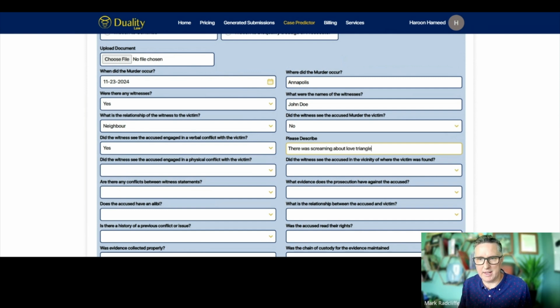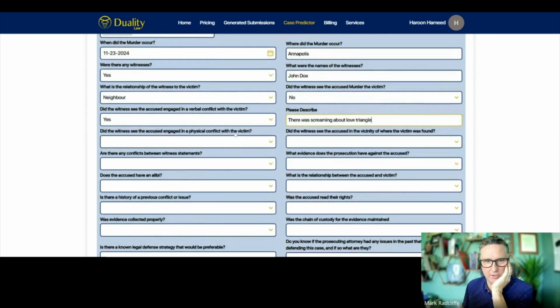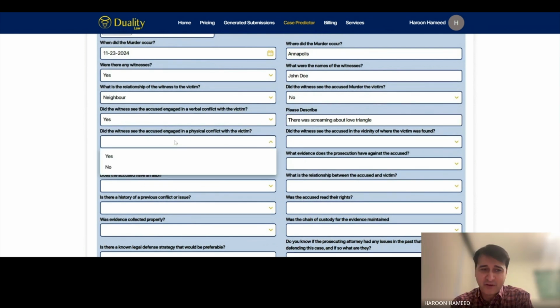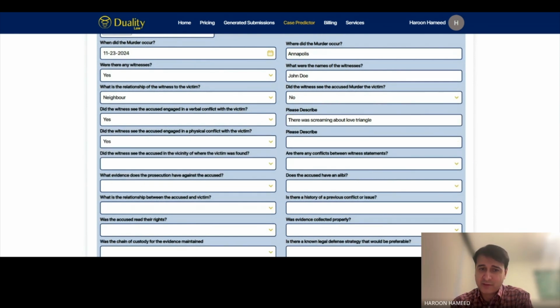And you can see here, as I'm selecting these different drop downs, it's literally adjusting the form to help me fill it out as well. Yes, sir. Physical conflict, yes, of course. Also, there were punches exchanged, and threats of death made on both sides during the fight about the love triangle.